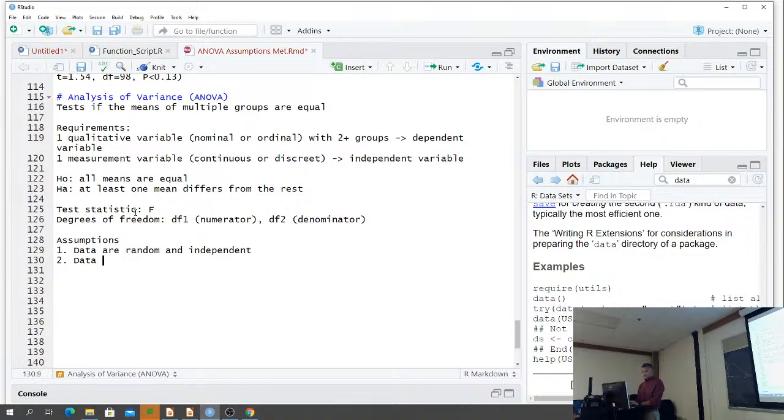Second assumption, data are normally distributed within each group. And three, data are homoscedastic, which means variances are equal. Variances of the groups are equal.